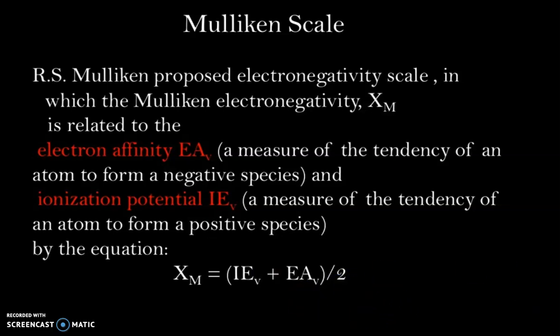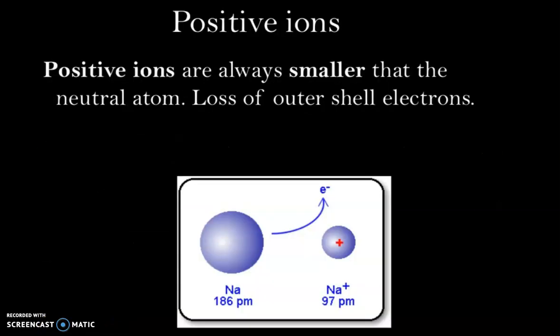Now we see how to determine the covalent character of any bond. So firstly, what is a positive ion? Positive ions are always smaller than the neutral atom, due to loss of outer shell electrons.